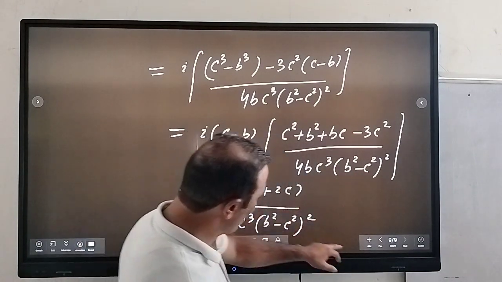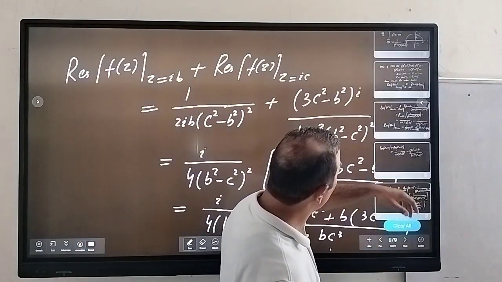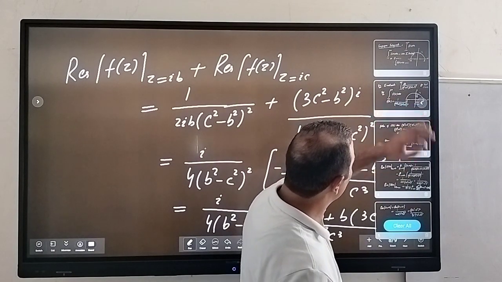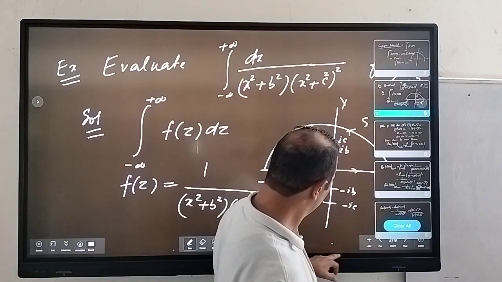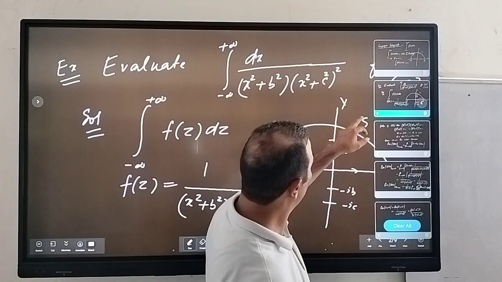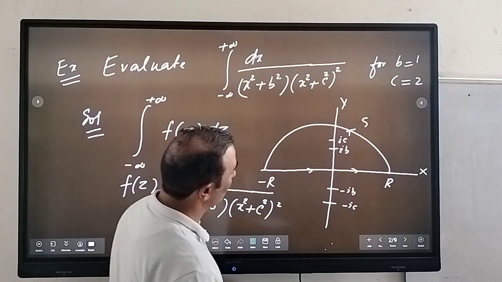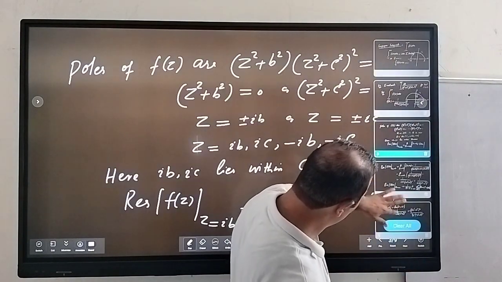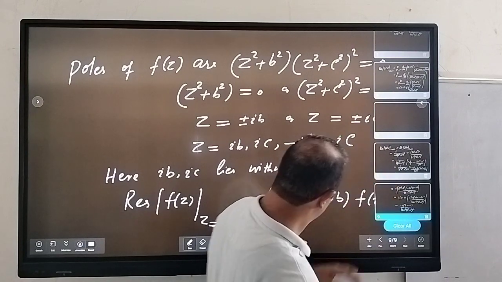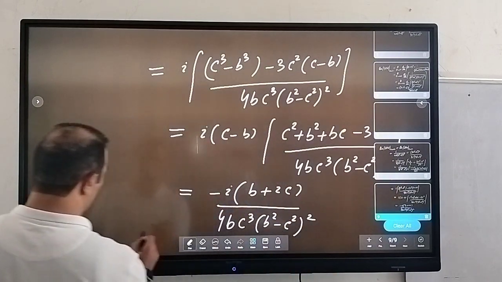Now you need to put, because if you check our problem, it says that we need to put it for this. So we need to put b equal to 1 and c equal to 2.